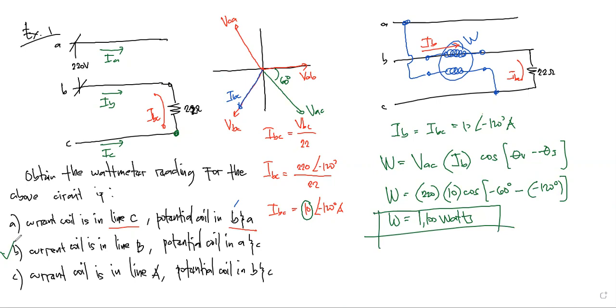And here comes letter C. So the current coil is in line A, potential coil is in B and C. So let me erase this one.